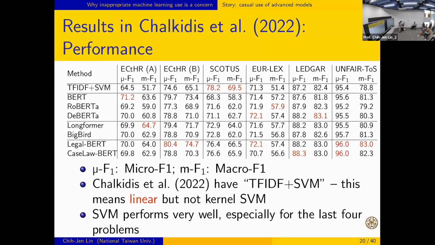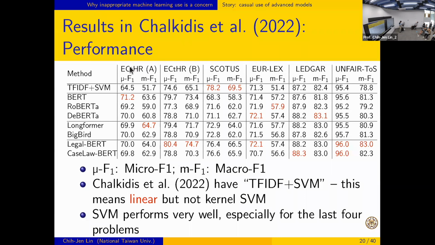So here, I copy their results. This is their table about performance, but I'm not very sure if you can see all those numbers, but I will try to show some details. First, they try 6 data sets. You can see 6 columns.